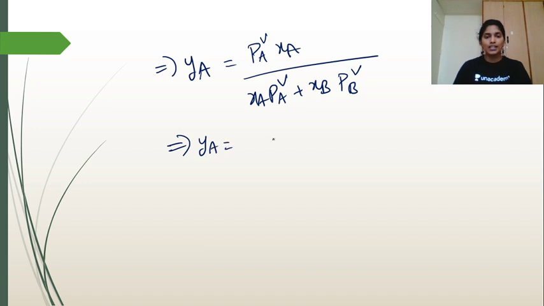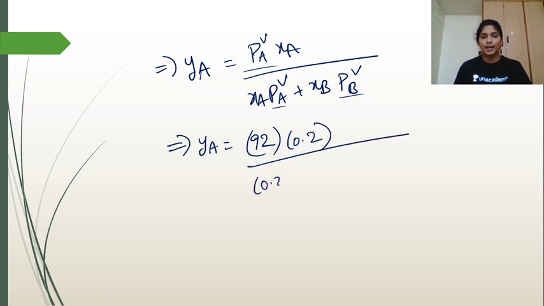The vapor phase mole fraction which is in equilibrium with the component benzene, right? So from this what we get? YA is equal to 92 kilopascals, so let it be in kilopascals only because anyway this will be cancelled, into 0.2 by 0.2 into 92 plus 0.8 into 35, right?